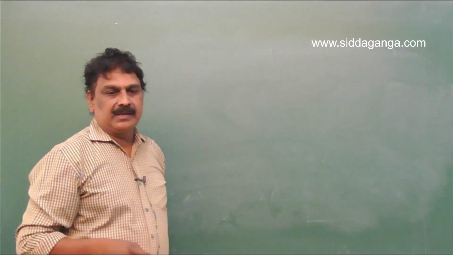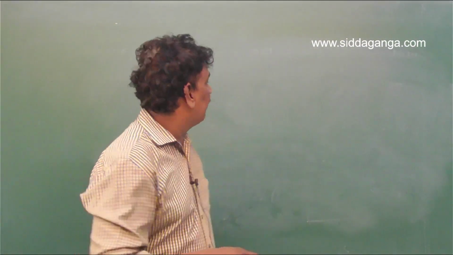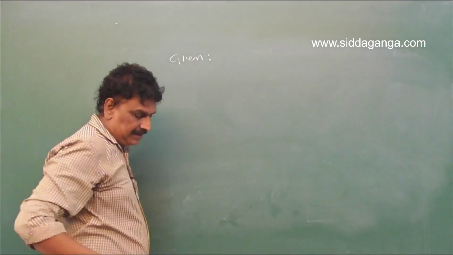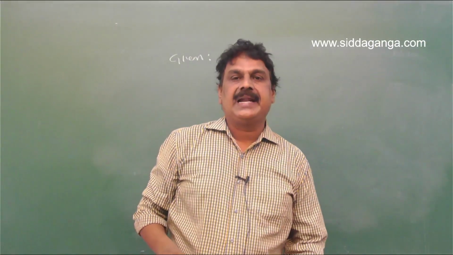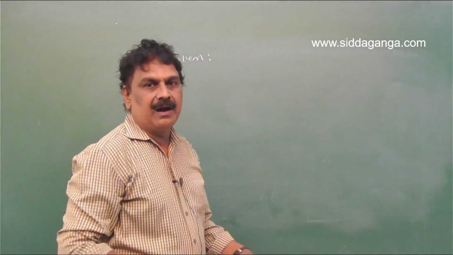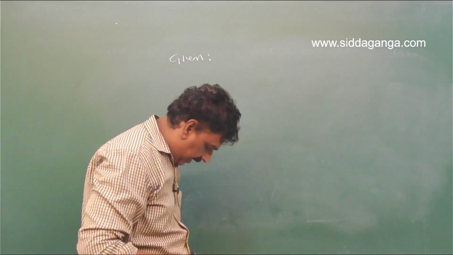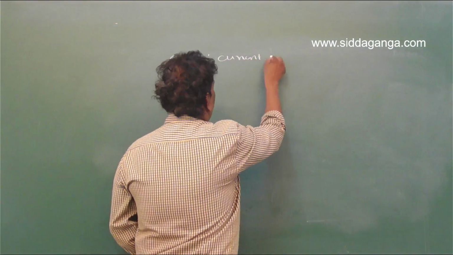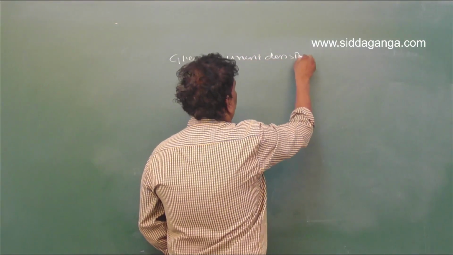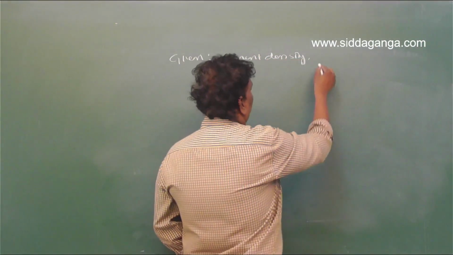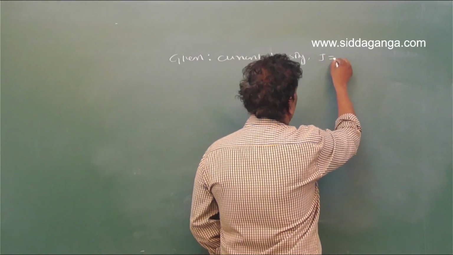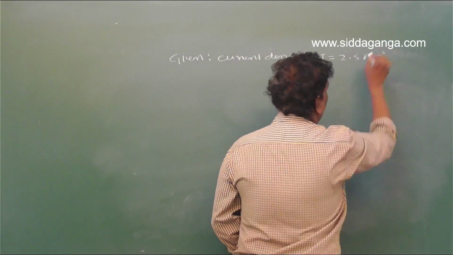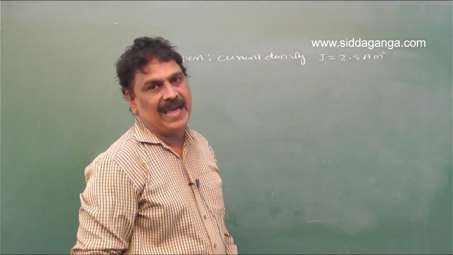Now we are given the current density of a wire, that is, the current density of the current flowing through the given wire, J, is equal to 2.5 ampere per meter square.